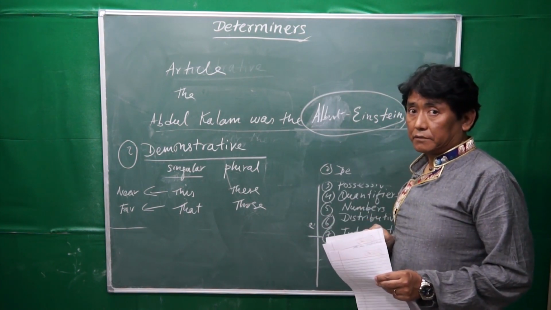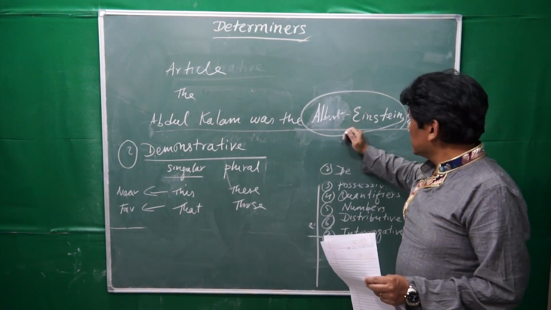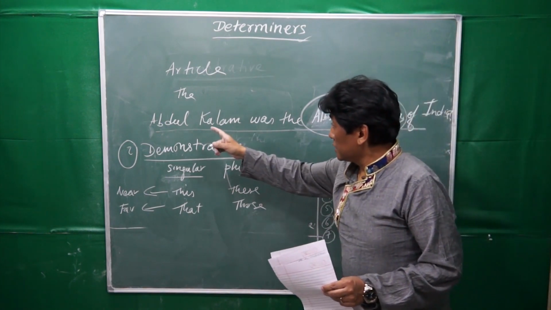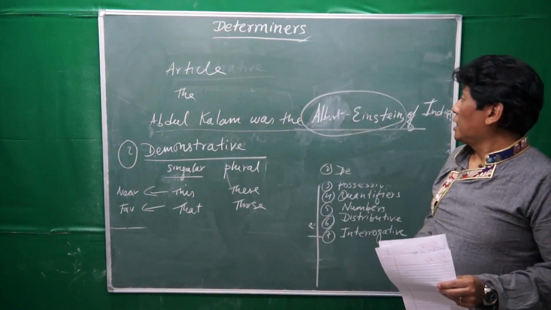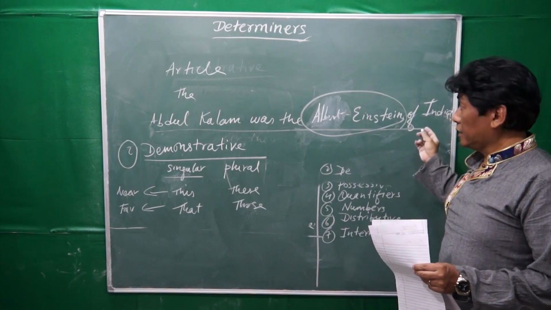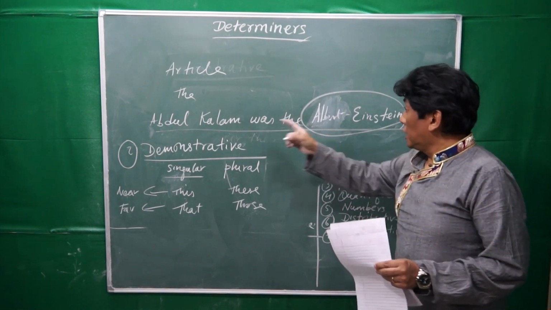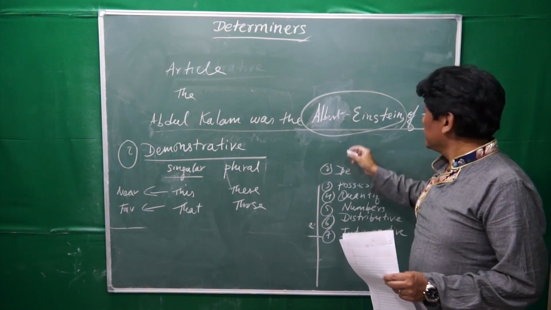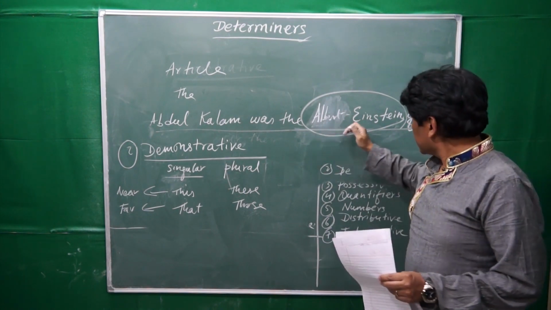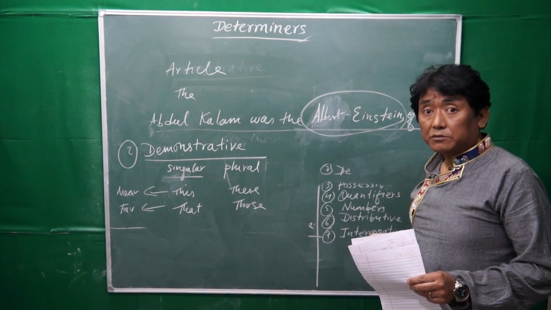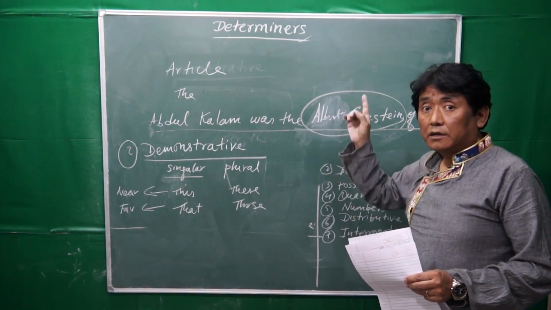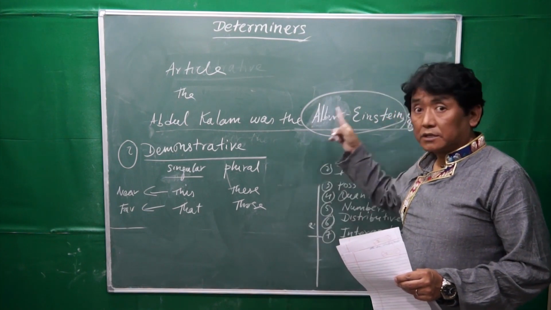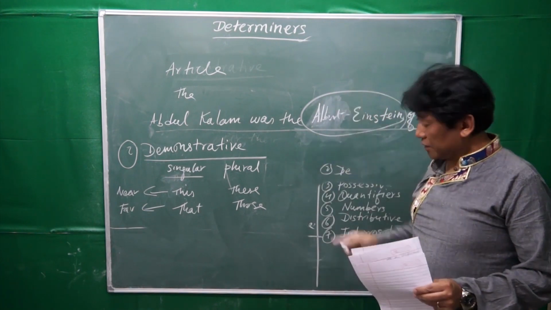What does that mean? It means Abdul Kalam was the greatest scientist of India, right? So this proper noun has been used like a common noun. That is the last rule of article.